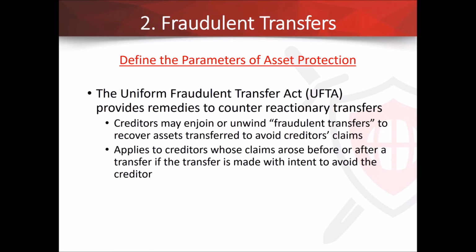It does, as Eric alluded to, permit the creditor to unwind the transfer, where the creditor finds that the asset is now in a place that they can't reach. It's held by a party who's not part of the lawsuit. It's inside an asset protection trust. Wherever it is, it was transferred, right, to avoid a creditor.